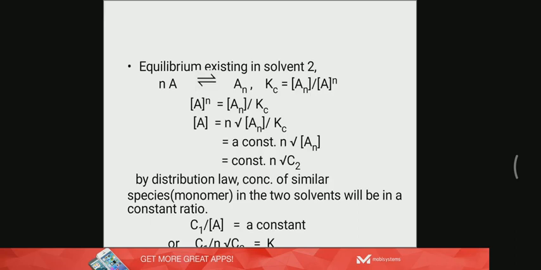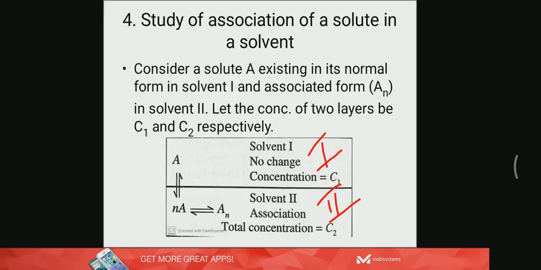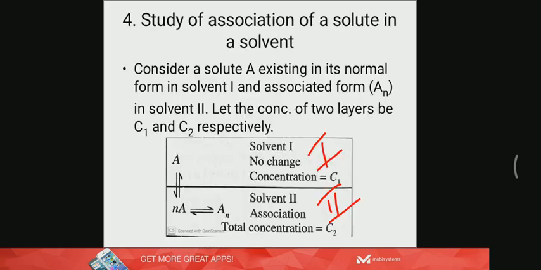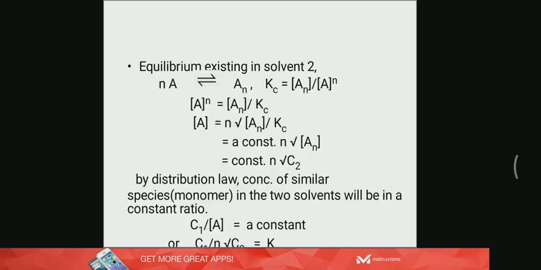So you have to be careful here. C2 is the concentration of which one? AN only, not the amount of A present in solvent 2. But for writing partition coefficient or distribution coefficient, we need the concentration of the same molecular form of the solute in the two solvents. So that's why we have considered this equilibrium.